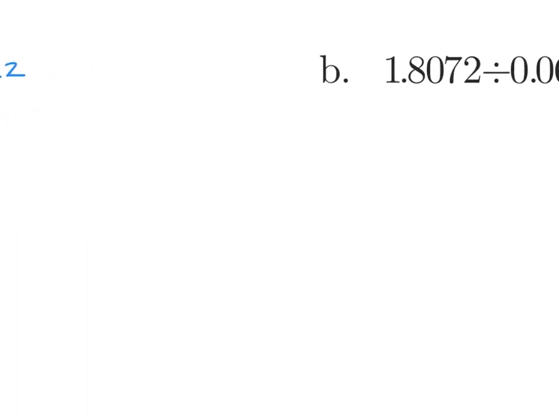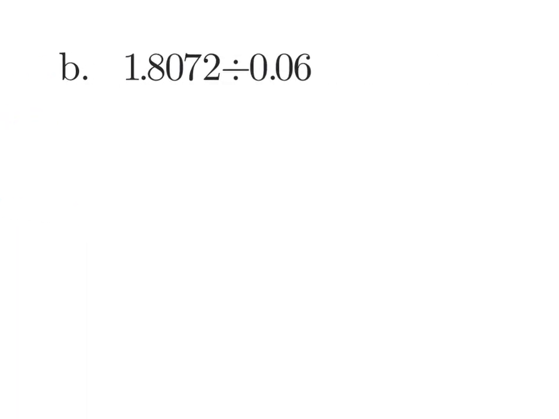All right, let's look at another one. Let's look at 1.8072 divided by 0.06. First step, I want to move my decimal point so that I am dividing by a whole number. I'm going to move it 2 places to the right.